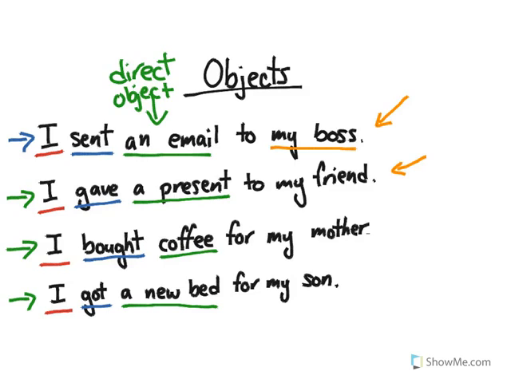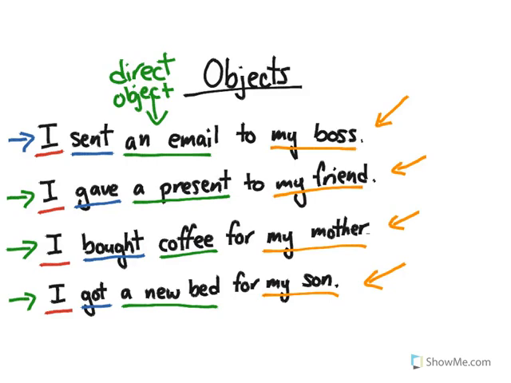So I gave a present to who? To my friend. In the third sentence, I bought coffee. Okay, that's a good sentence, but in this case, I didn't buy it for me. I bought it for my mother. Then in the fourth sentence, I got a new bed for my son. Who did I buy the new bed for?